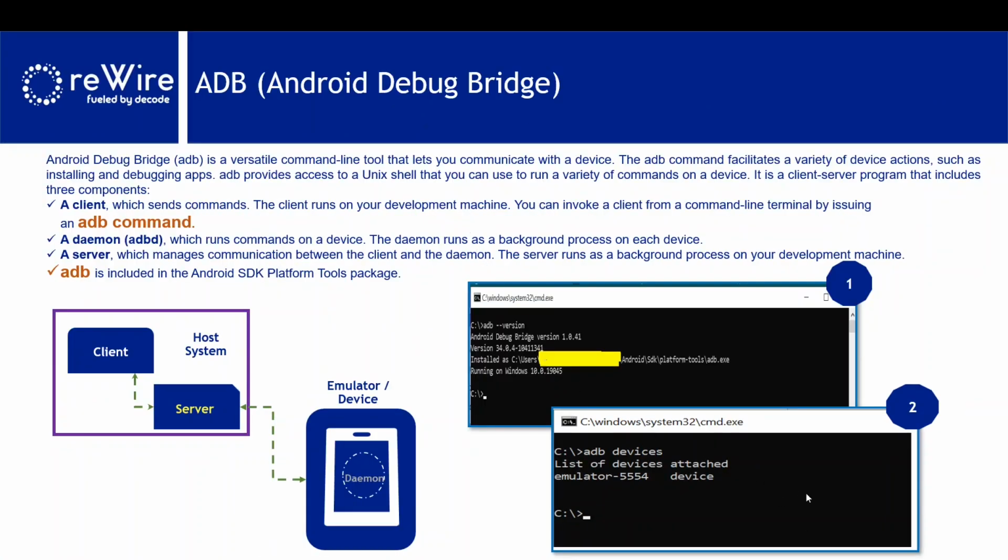Here you can see the list of devices. There is a command, adb devices, to know which Android devices are connected to your host system. adb devices is the command to list the devices connected and recognized by ADB. If ADB does not recognize a device, it will not be listed.